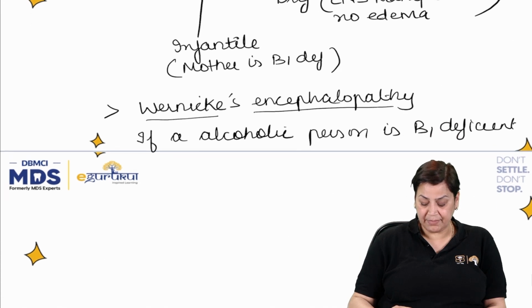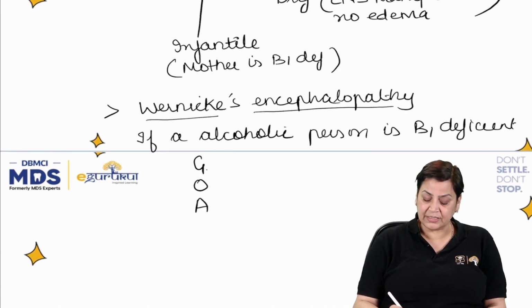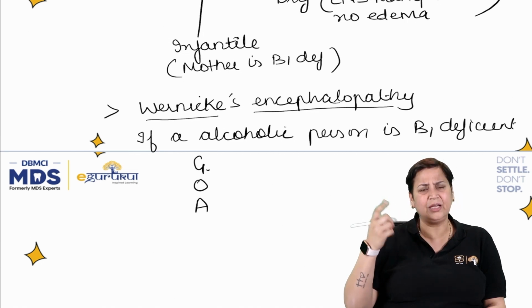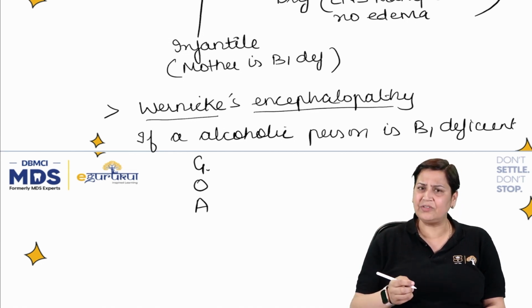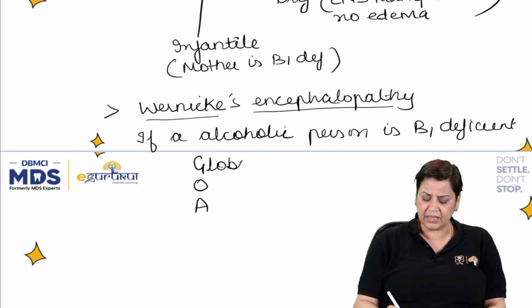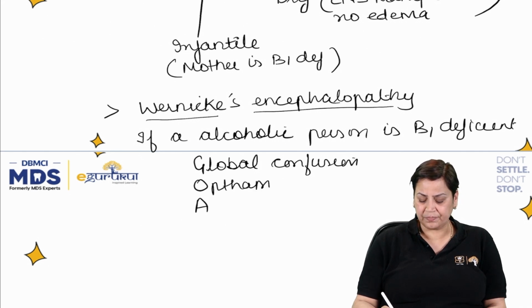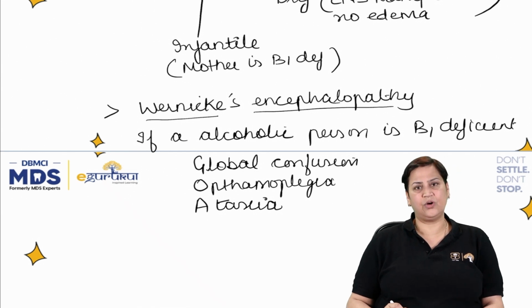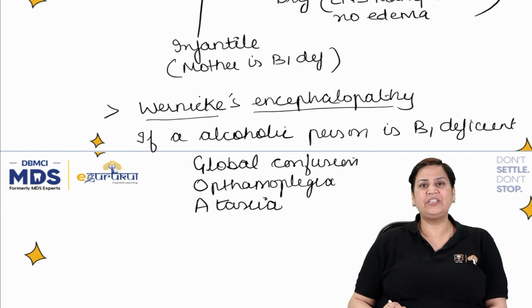The main symptoms are GOA, just to remember this. G means global confusion, he will be in a delirium type confused state, because the brain is affected. O stands for ophthalmoplegia, a difference in the movement of the eyes, and A is ataxia, a change in the gait also. So these are the deficiency manifestations of B1.